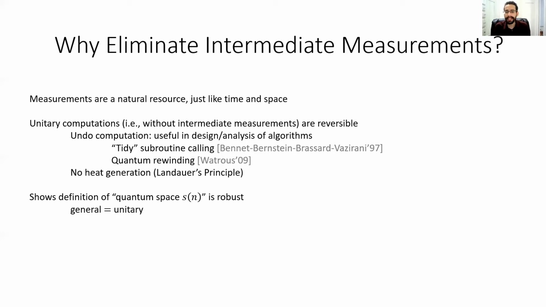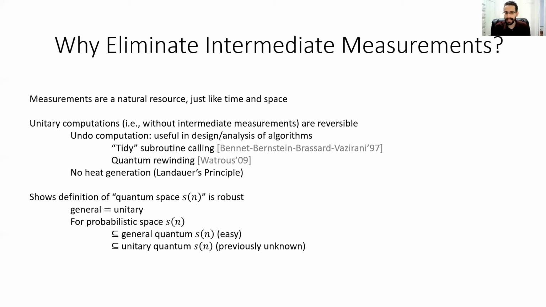In particular, consider the relationship between probabilistic space and quantum space. Now, it's easy to see that a general quantum algorithm, that is one which is allowed to make intermediate measurements, can just directly simulate a probabilistic algorithm, and so probabilistic space is certainly contained in general quantum space.